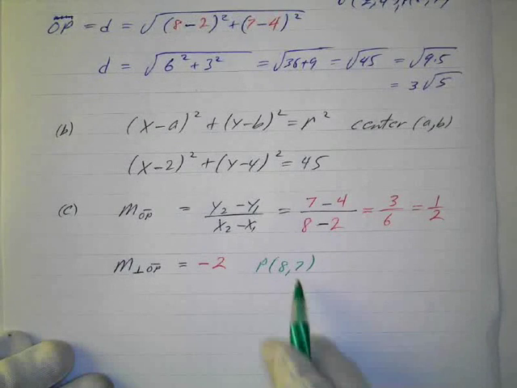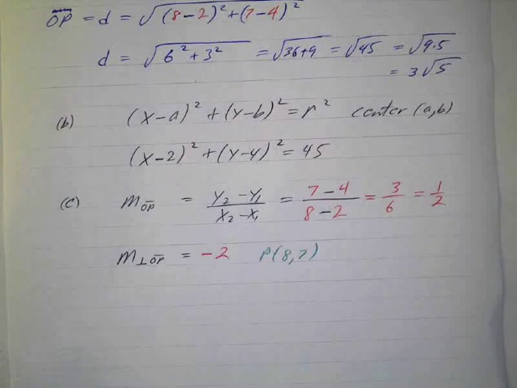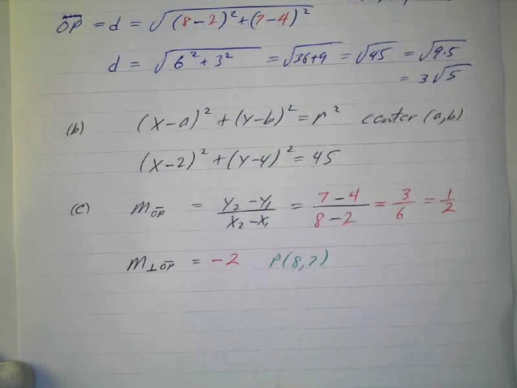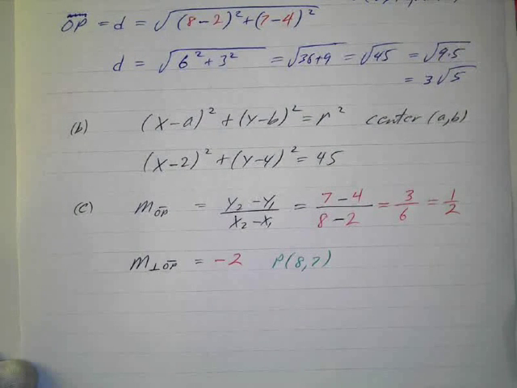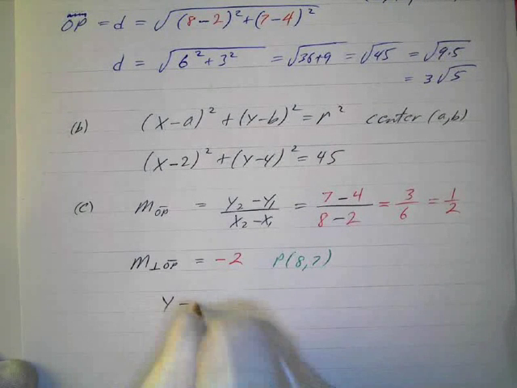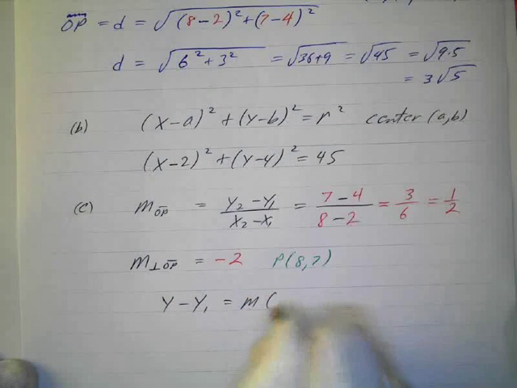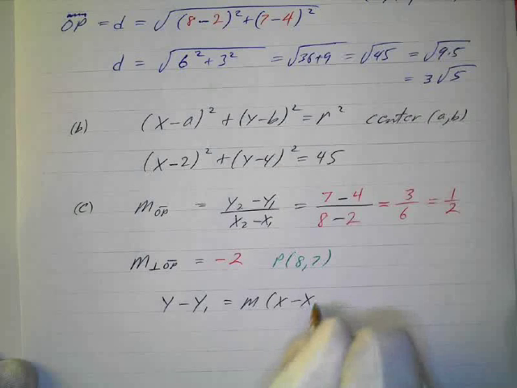So now we have the point and the slope, so we can use the point slope form to find the equation of that tangent line. Okay, so remember the point slope form: y minus y1 equals m times x minus x1.